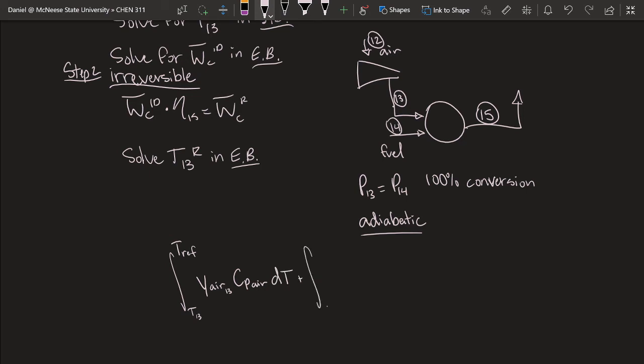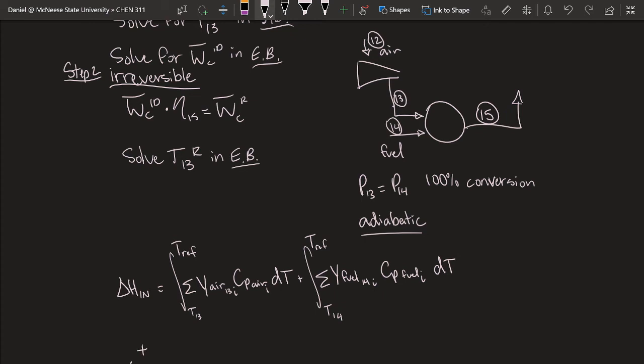And this is going to be plus the integral from T14 to T ref of the y of the fuel, summation over I, Cp of fuel sub I dT. Okay, and this is equal to delta H in.